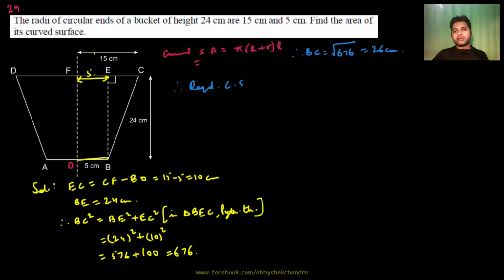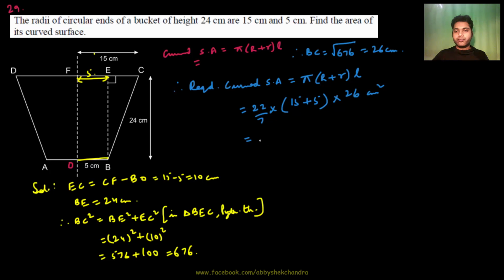Now therefore, the required curved surface area is equal to pi into R plus r into L. That will be equal to 22 by 7 into capital R is 15, small r is 5, into L is 26 centimeter square. 22 by 7 into 20 into 26 centimeter square.